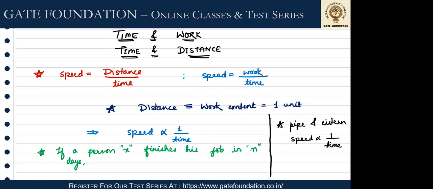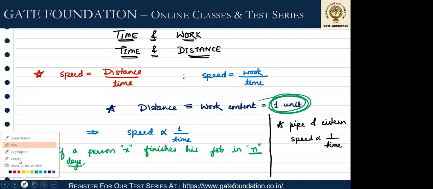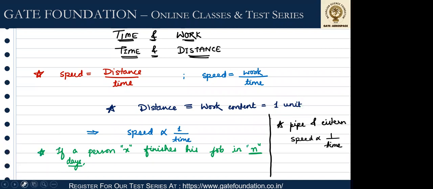So n days जो है ये मेरा time है. So I know that speed is inversely proportional to time for the distance or the work being 1 unit. So अगर मैं work को 1 unit मान के चल रहा हूँ, so speed is inversely proportional to time. So from here I can say that the speed of person X becomes 1 by n. Speed is inversely proportional to time, so speed is 1 by n.